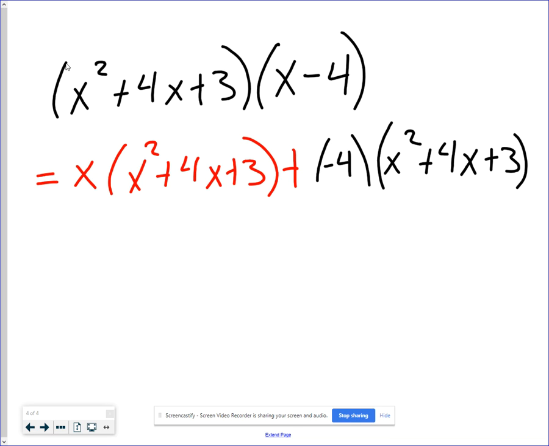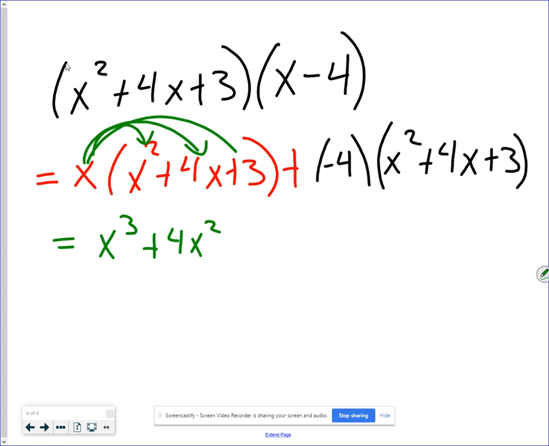And now we can just use the distributive property. So x times x squared is x cubed. x times 4x is 4x squared, and x times 3 is 3x. Now we'll come up with our next expression. So negative 4 times x squared is minus 4x squared.